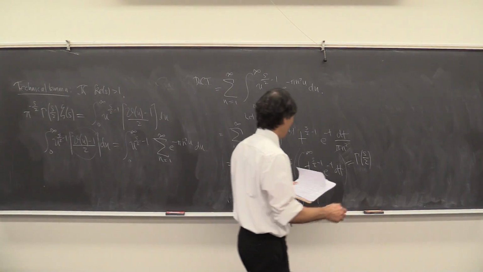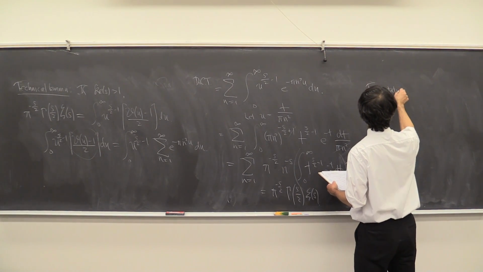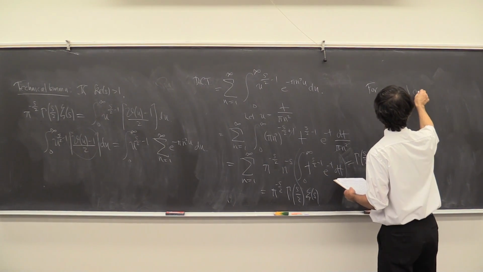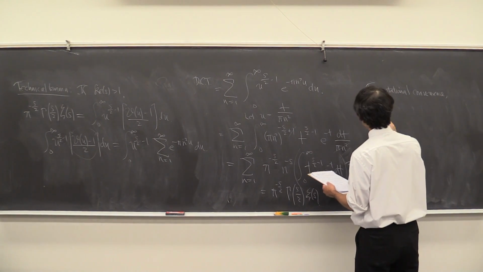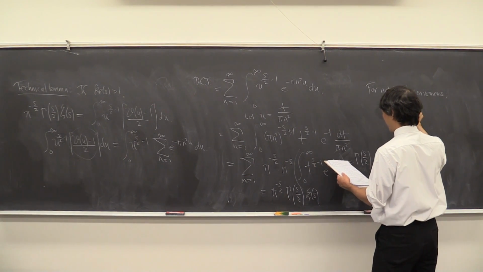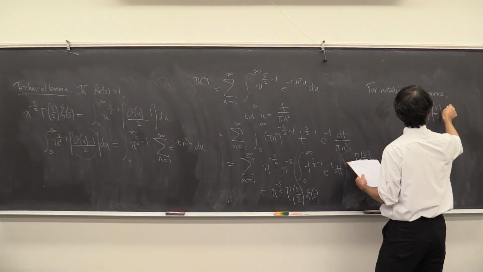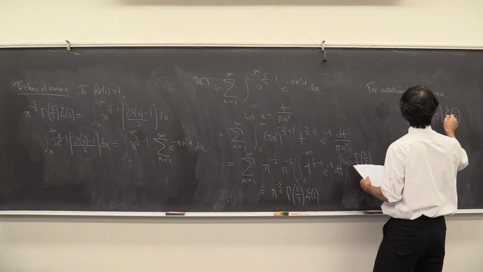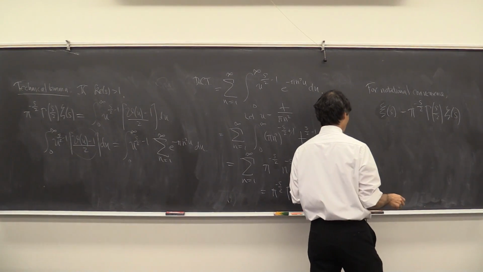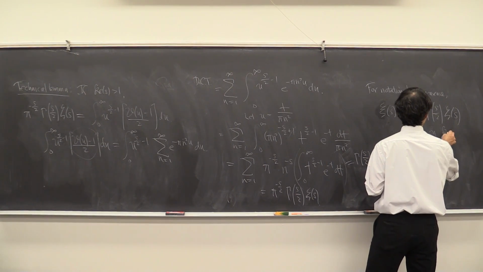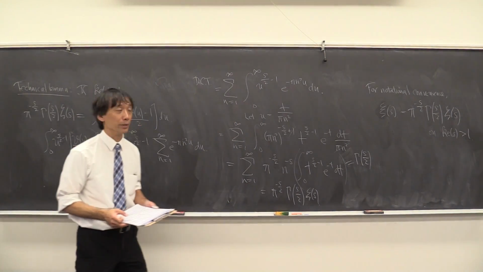Okay, so now for notational convenience, let's express this thing, π to the negative s over 2 gamma s over 2 zeta s, we're going to call that xi of s, initially defined where the real part of s is greater than 1.